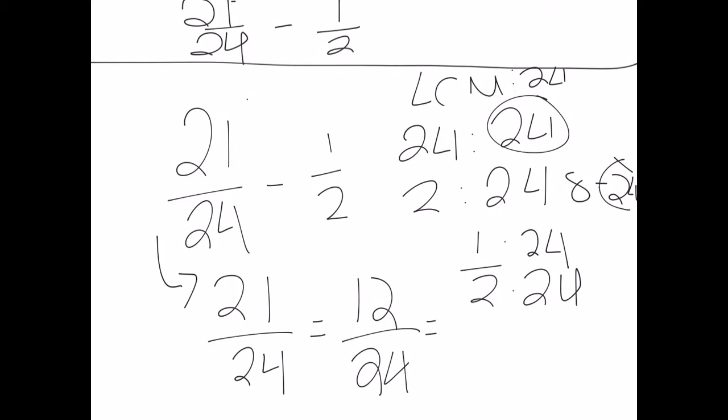And then you subtract. So this will be subtraction, and you'll get 9 over 24. And you can simplify it by 3. You get 3/8.